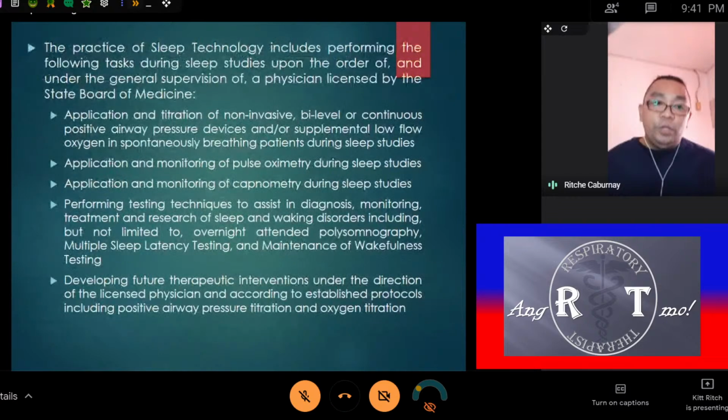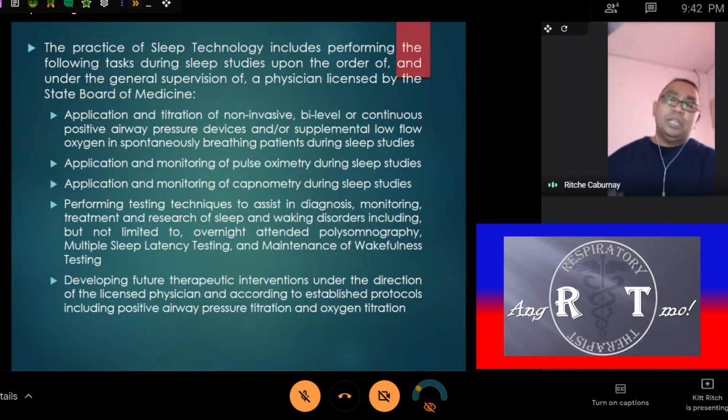Now, aside from that, in the practice of sleep technology, you are able to apply titration of noninvasive bi-level or CPAP devices, or even supplemental low-flow oxygen in spontaneously breathing patients during sleep studies. Say, for example, if the patient requires O2, then you need to put a nasal cannula on while the patient is sleeping.